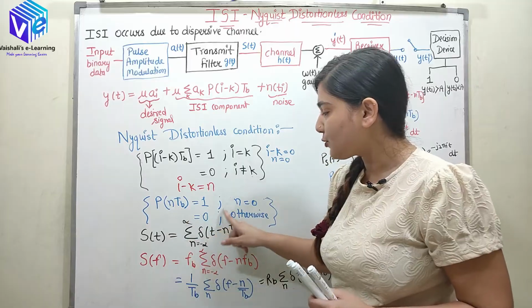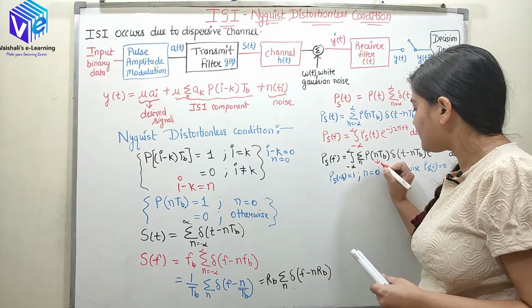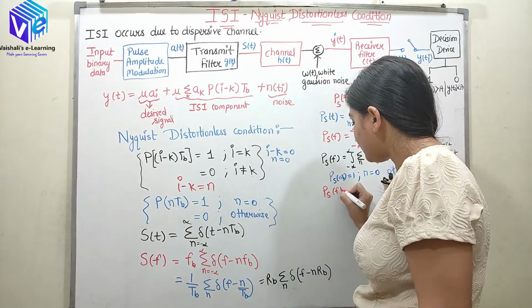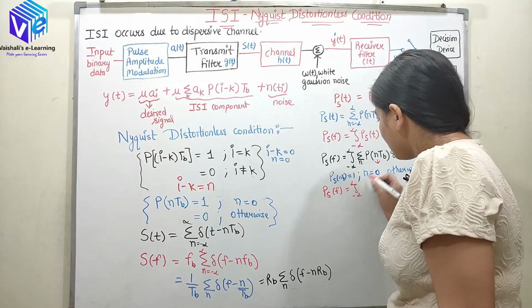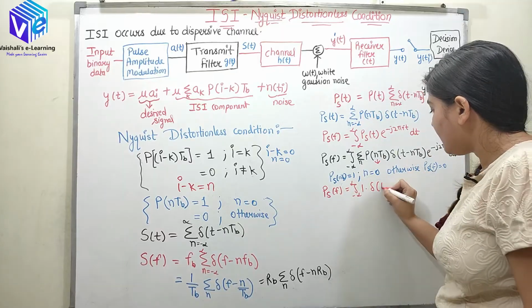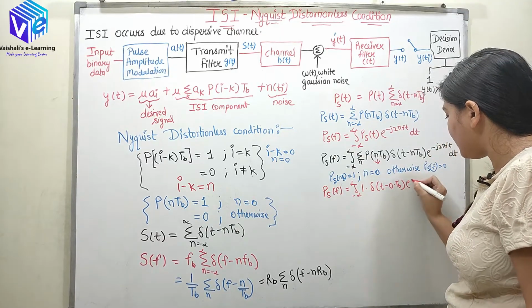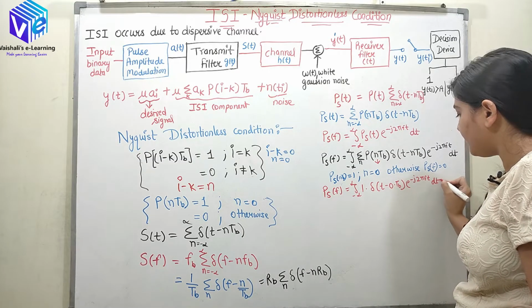It is just valid for n equal to 0 and at that time this is 1. So now here I'll replace this. So PS(f) is equal to the integral from minus infinity to infinity of 1 multiplied with delta of (t minus 0 into TB); n is 0, I just replaced it, e raised to power minus j 2 pi f t dt.